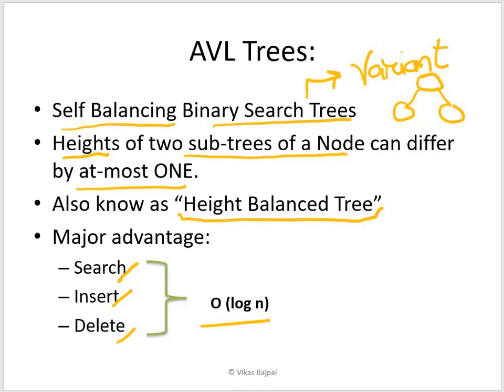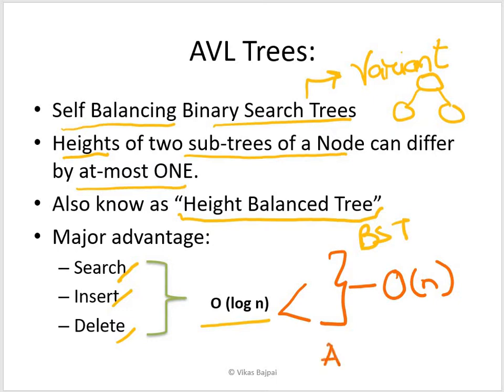Whereas in case of BST, your time complexity for all these operations is order n, and the algorithm with lower time complexity always wins. So that's something which is a major advantage of using AVL tree over your BST.